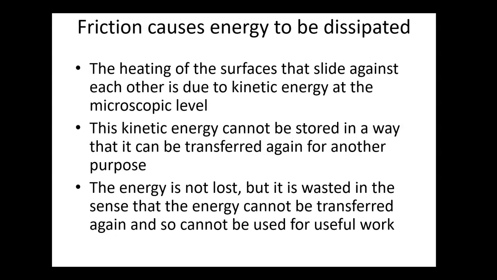This kinetic energy can't be stored in a way so that it can then be transferred again for another purpose. The energy hasn't been lost. We know where it went. But in some sense, it's wasted because that energy that has been used to cause those atoms and molecules to vibrate a little faster can't be transferred again to be used for useful work.